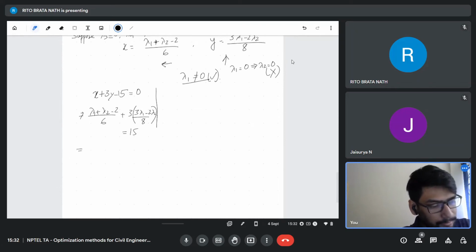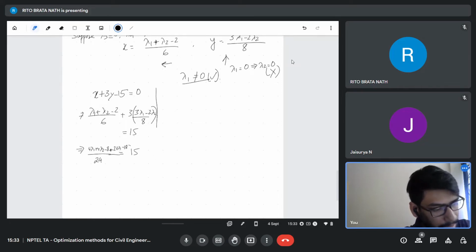So now, if you just solve it, what you will get is that this will be 4 lambda 1 plus 4 lambda 2 minus 8. And from this part, you will get 27 lambda 1 minus 18 lambda 2. So that's 6 times 3.